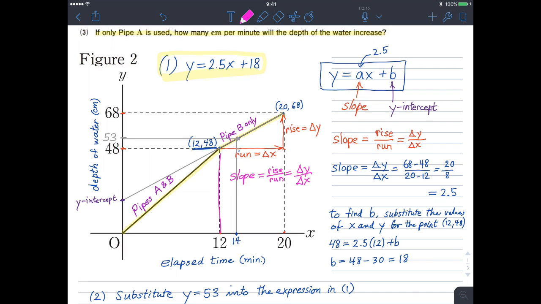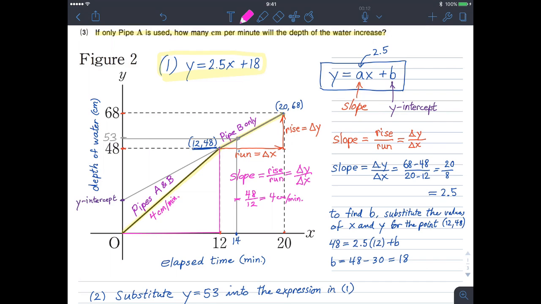So in this case, the change in y is this, which is 48, and the change in x is this, which is 12. So that is 4 centimeters per minute. That's the rate of change when pipes A and B are used together.